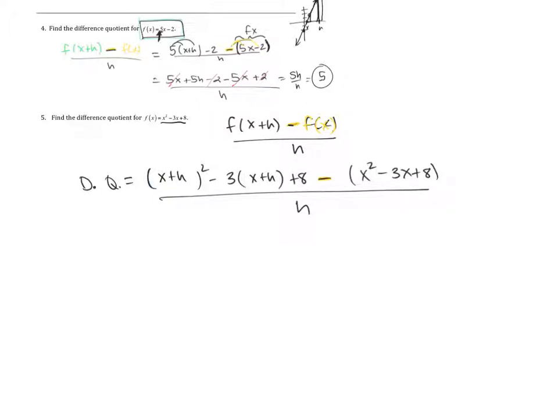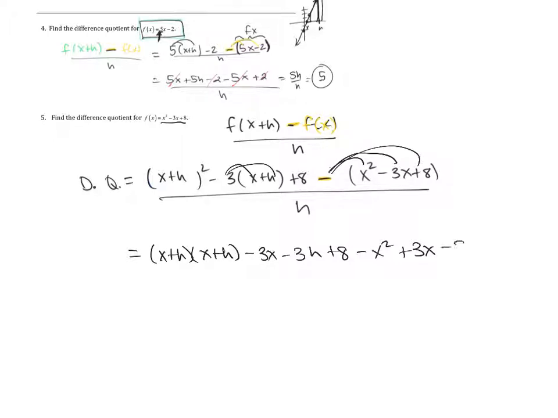And it's going to get a little long here. So here we go. We've got x plus h times itself, so quantity squared. And then I'll distribute my 3. So minus 3x minus 3h plus 8. And then I'm going to distribute that negative. So minus x squared plus 3x and then minus 8 all over h.